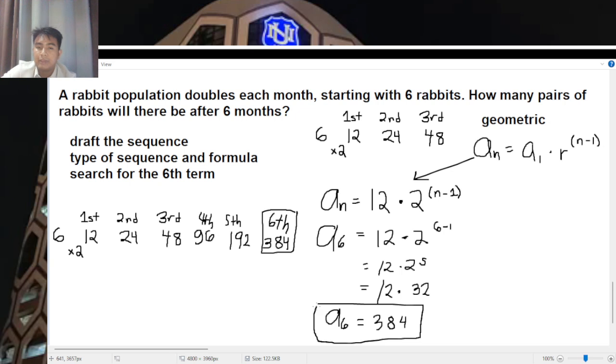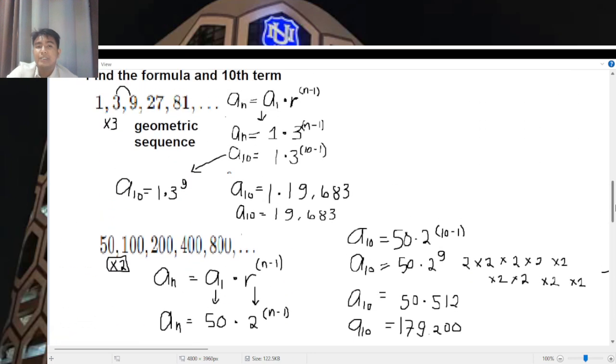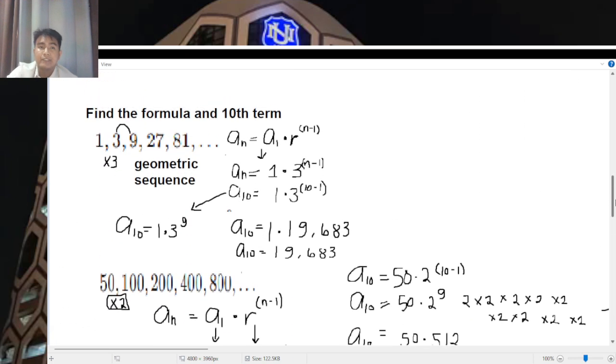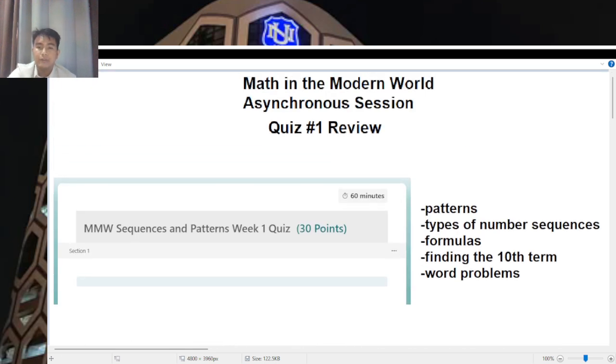So these are the questions that will be asked in your quiz. Word problems, giving you a sequence, finding the 10th term, abstract reasoning, just a few of them. I hope you guys are ready for our quiz, which is 30 points.